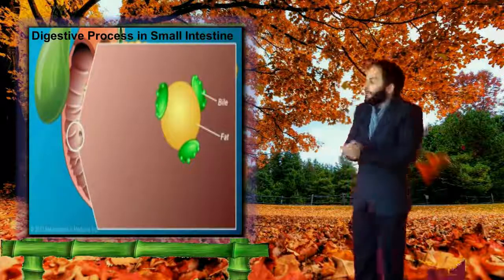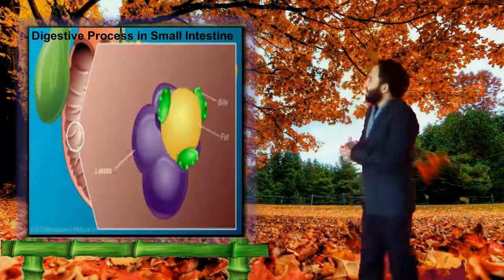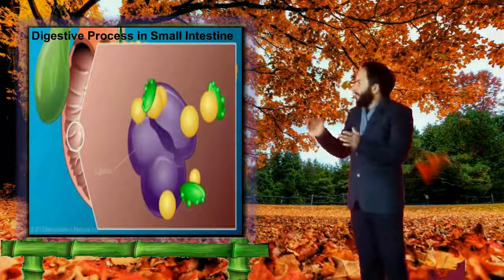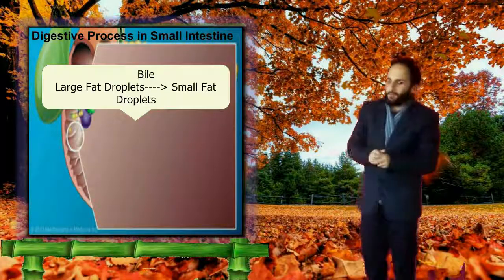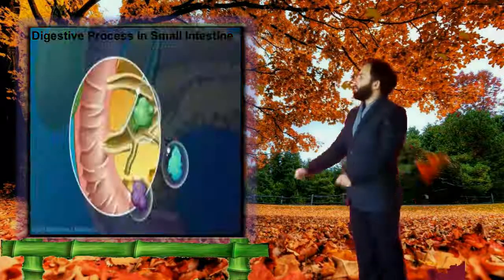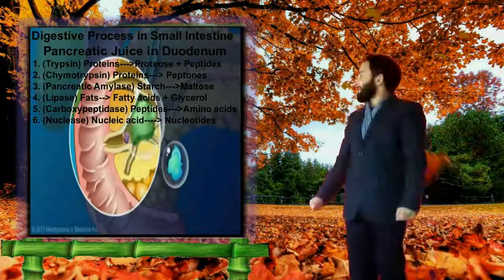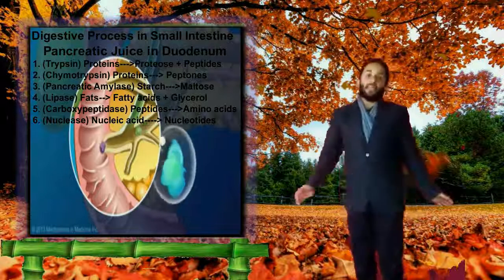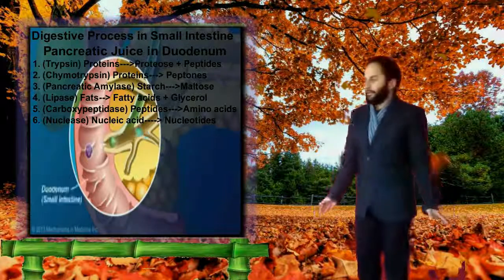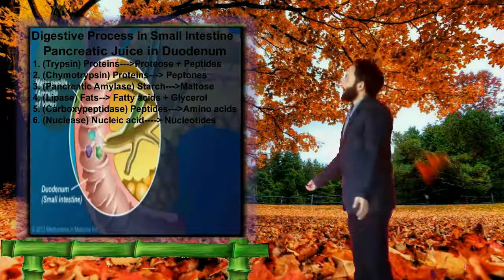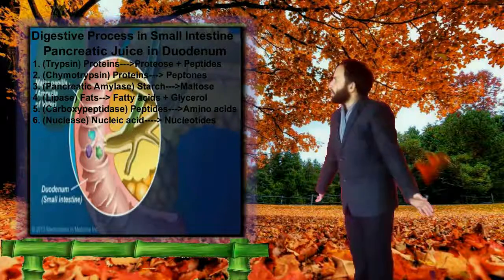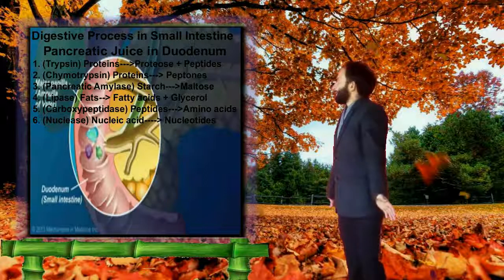Now, we will look at the digestive process in the small intestines. The bile secreted by the liver in the duodenum converts large fat droplets into small fat droplets. Pancreatic juice secreted by the pancreas contains different enzymes, like trypsin. It converts proteins into proteoses and peptides.